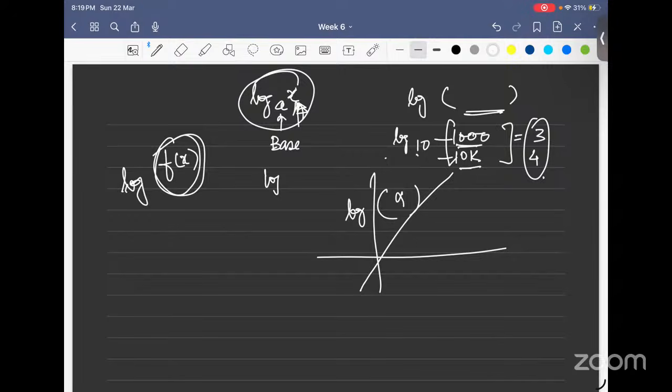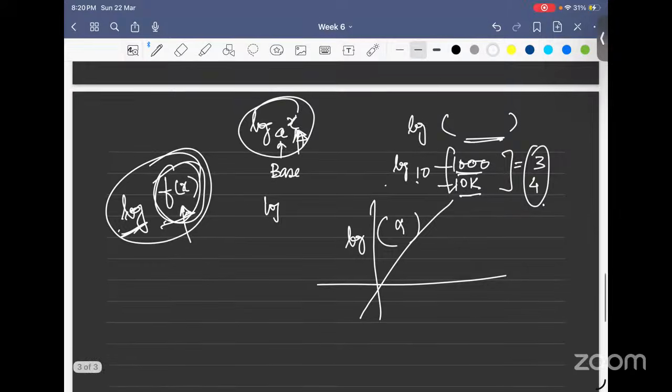Whether the function was increasing or decreasing, even though you apply logarithm, the nature of the whole function will not change. If f(x) was increasing, the log of f(x) will also be increasing.